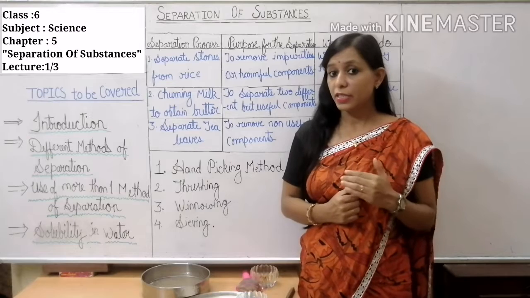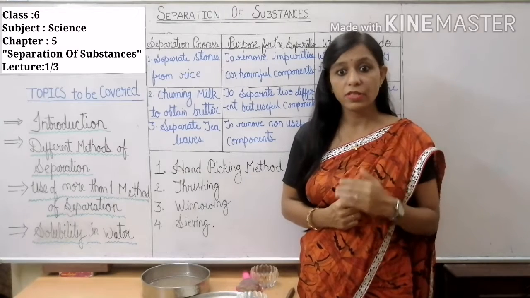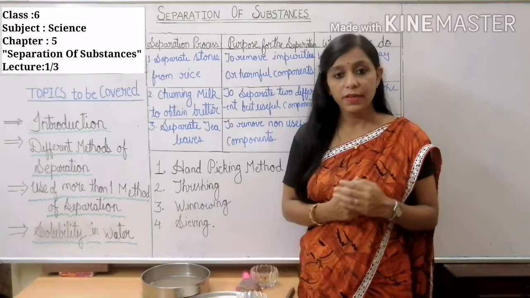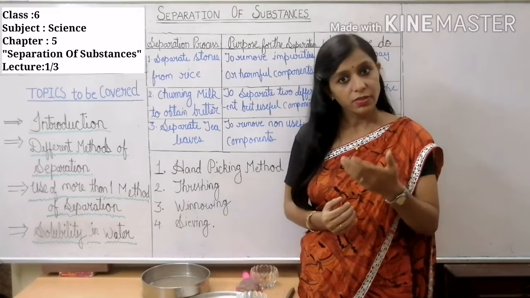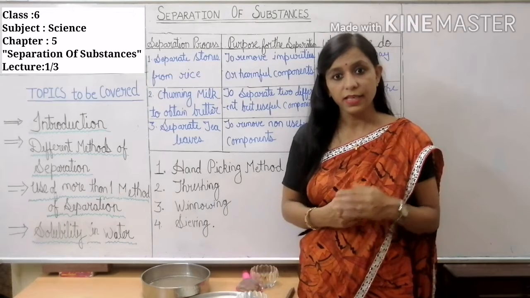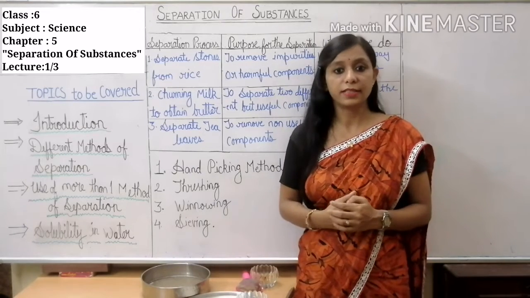But in the mixture of chalk powder and wheat flour, the sizes of both components are the same. So we cannot use the sieving method, because for using this method, the sizes of components should be different.